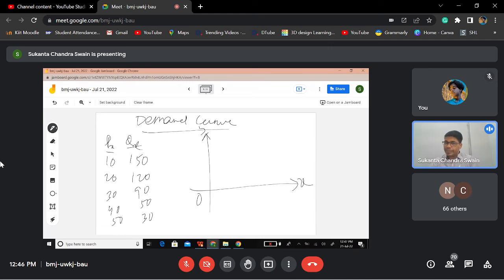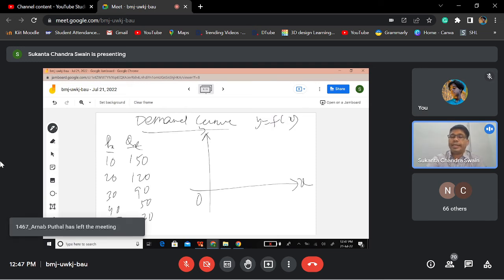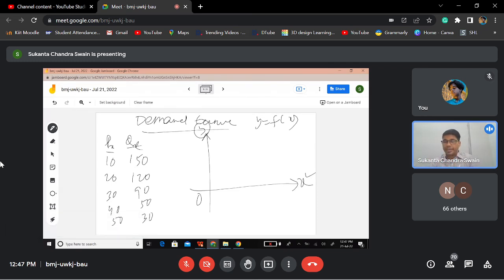In mathematics, you know that the horizontal axis carries the independent variable, because y is a function of x. But here in economics, we will be taking it the other way around. We will take Q, demand, here, and price here, because Q depends upon price. Q is the dependent variable, contradicting the conventional mode.